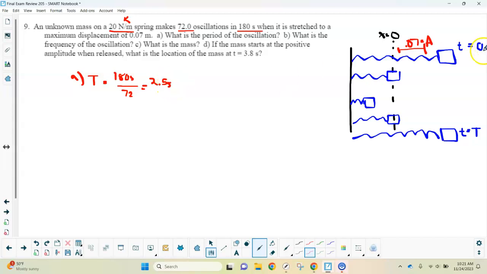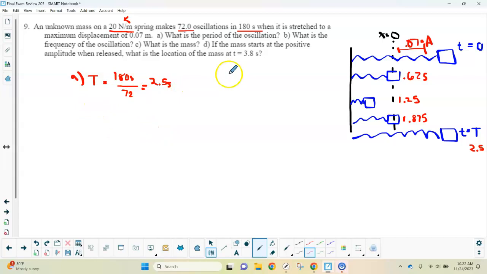So if I drew this out, 0 seconds, this would be 2.5. Half of 2.5 would be 1.25. And it kind of oscillates through those times. So this is like 0.625. And this would be like 1.875. Okay, so that's like your times at different positions.